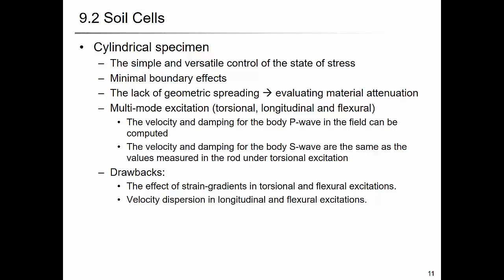And one drawback is, when you apply the torsion to the cylindrical specimen, the shear strain is different for different locations from the axis. For example, at the axis, you don't get any shear strain.